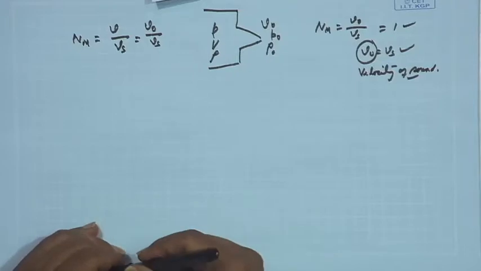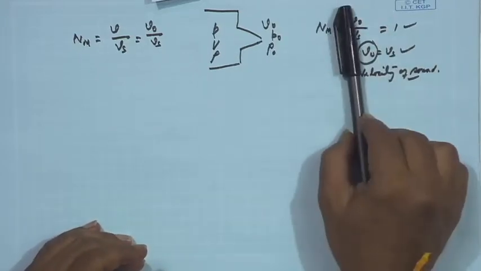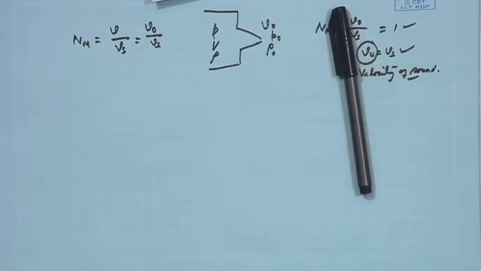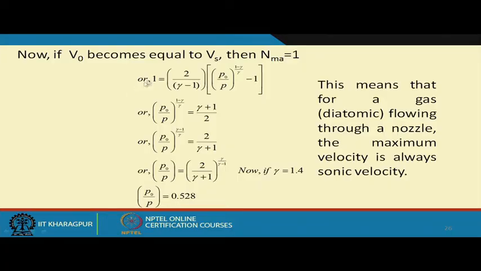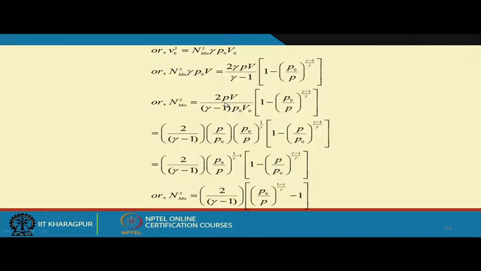So if the Mach number becomes equal to 1, then we can write the Mach number square as 1, times 2 by gamma minus 1 times P0 by P to the power 1 minus gamma by gamma minus 1. If you remember, we had this.